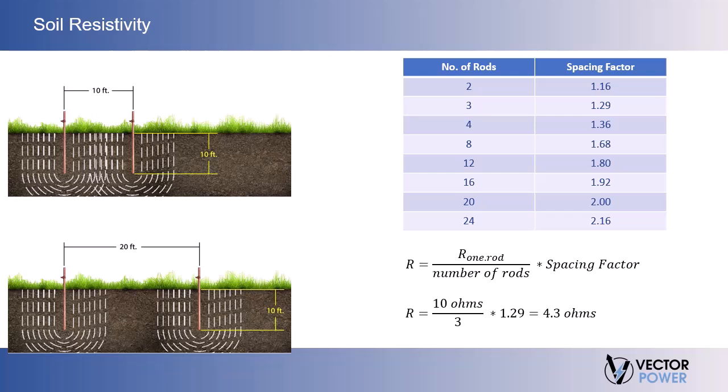Applying the adjustment factor from the table for 3 rods in parallel, we get 3.3 times 1.29, or 4.3 ohms contributed by each rod, for 12.75 ohms. We would need to drive a 4th rod to get below our desired 10 ohms.